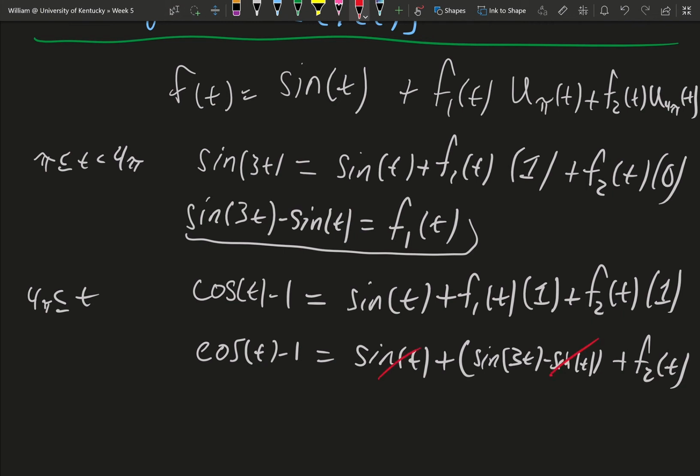So those two will cancel. We move that over to the other side and we get cosine of t minus 1 minus sine of 3t equals f2 of t.